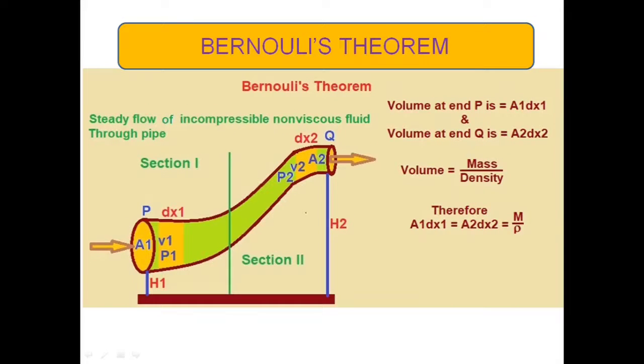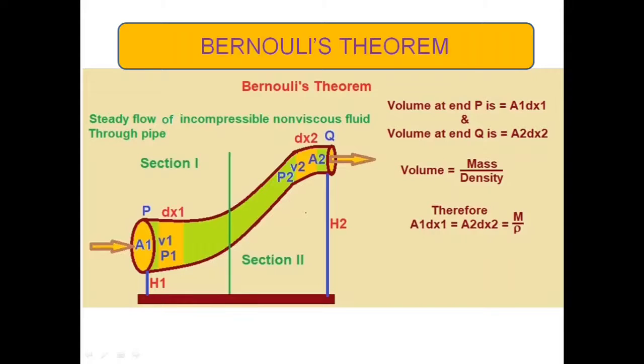Now consider the volume at end P, which is given as the product of the area of cross section and the small element of the pipe at end P, that is dx1. Similarly, the volume at end Q is the product of the area of cross section A2 and the small element of the pipe at end Q, that is dx2.